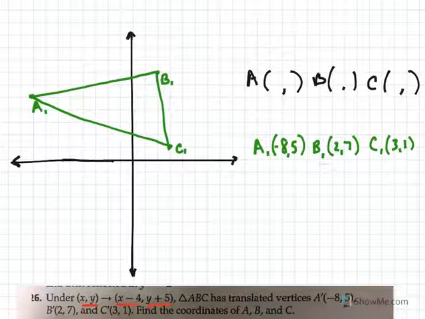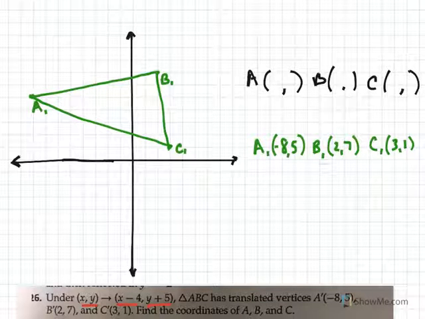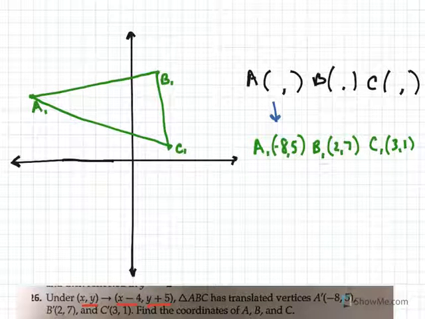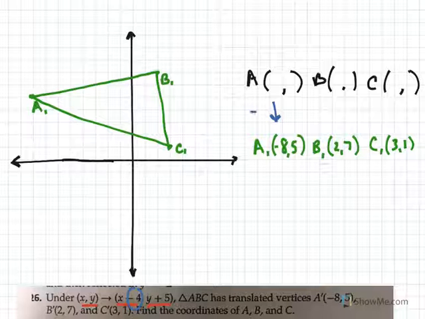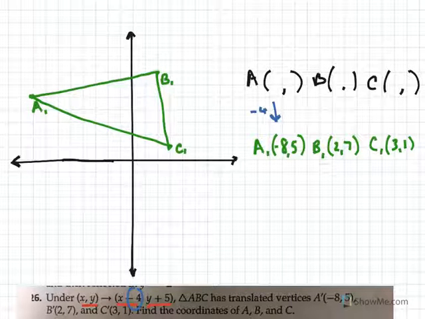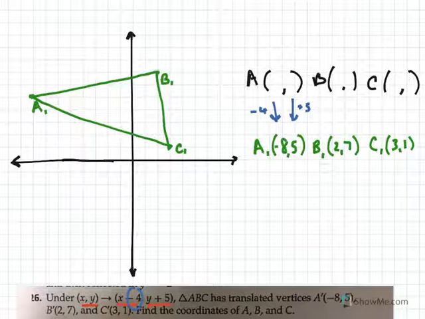Now the translation statement tells us that to get from the original to the new figure, we subtract 4 from every X and we add 5 to every Y. But in this instance, we're working backwards. And remember, when we work backwards, we have to change the sign.